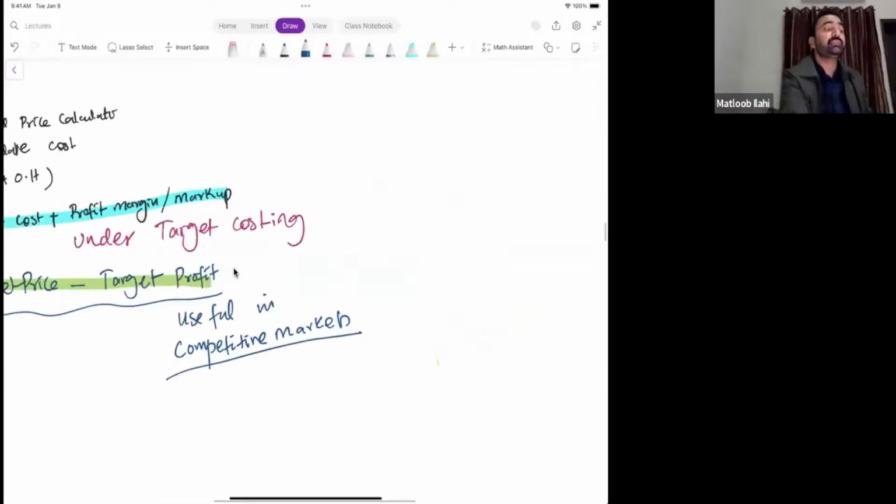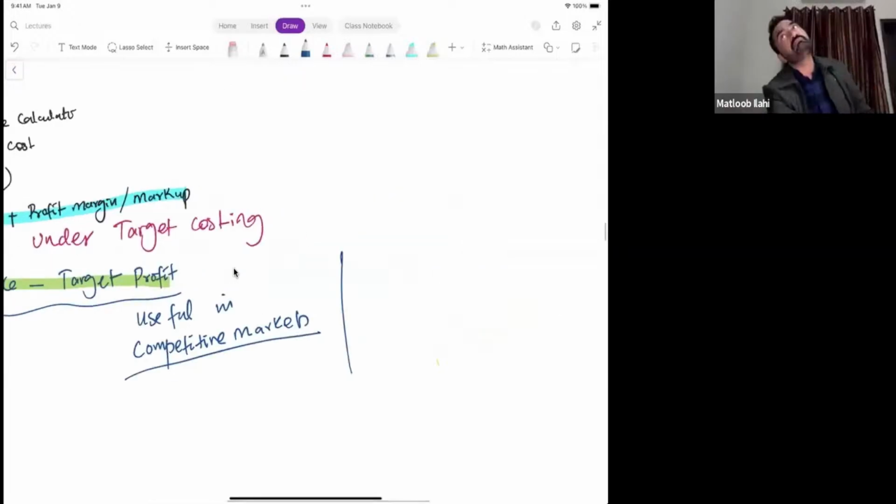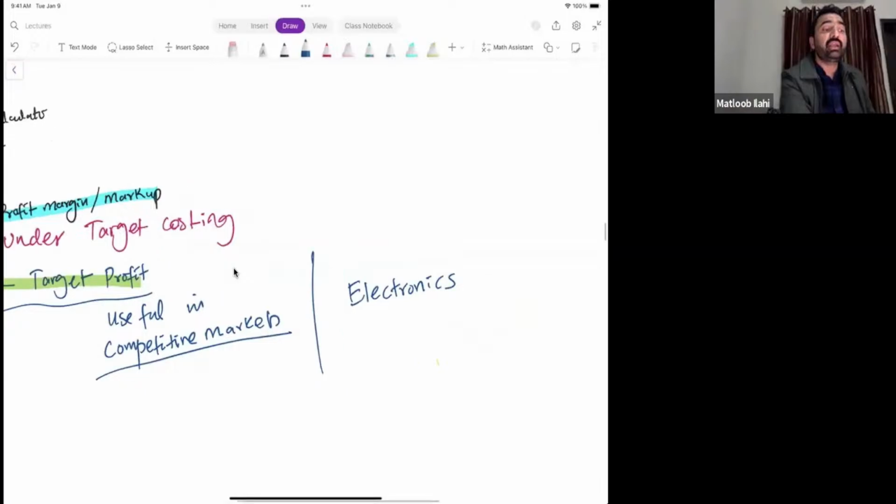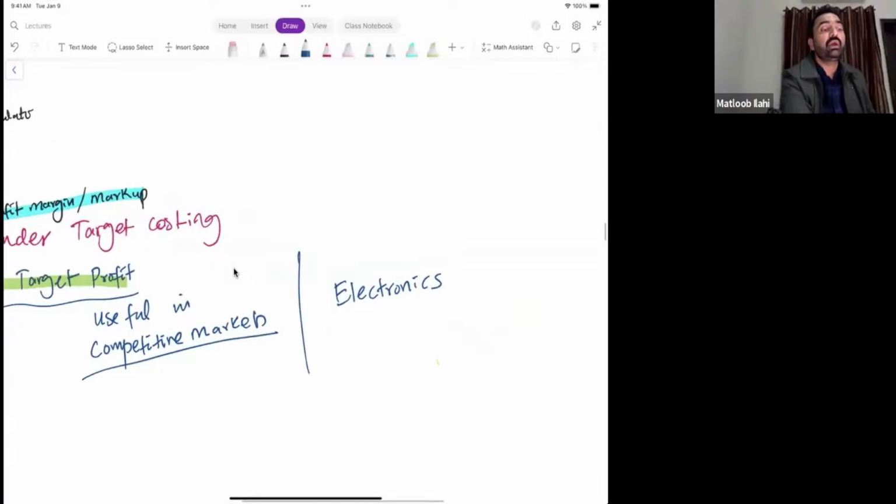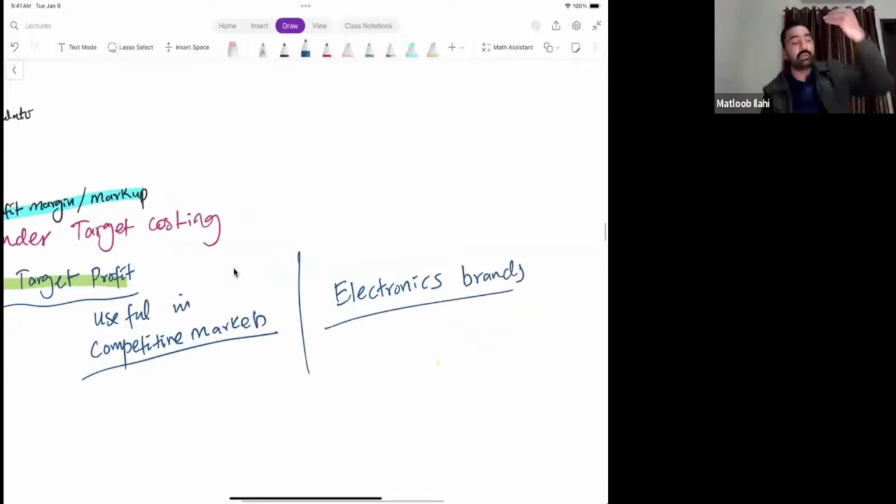For example, I can give you an example of electronics brands. How many electronics brands are there? There are dozens of electronic brands. Same case is with the car brands as well. There are so many different car brands.